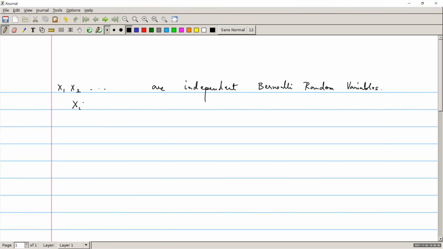Here each Xi is either 0 or 1, and we interpret 1 as success and 0 as failure. Let's assume that they're all Bernoulli(p) random variables.